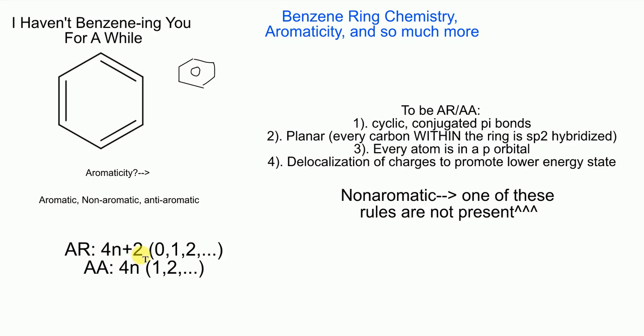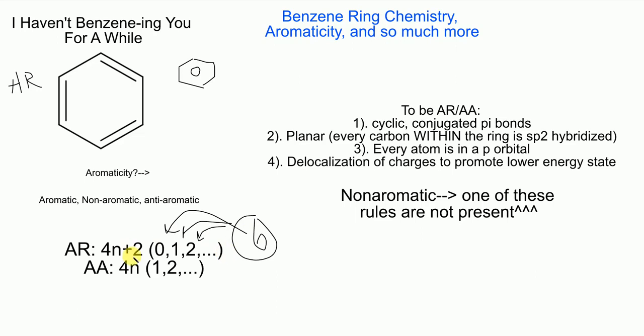So what does this mean exactly? Let's take the benzene ring, for example. It's aromatic, it's not anti-aromatic. The benzene ring has 2, 4, 6 pi electrons. Essentially, I count the number of pi electrons in a structure that I'm considering, and I say, okay, it has 6, and then I see, plugging in 0, 1, 2, 3, and so on, can I get the number 6?